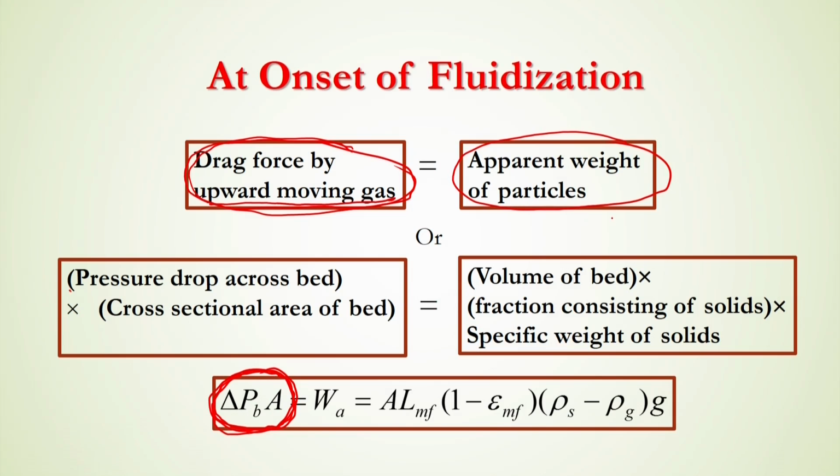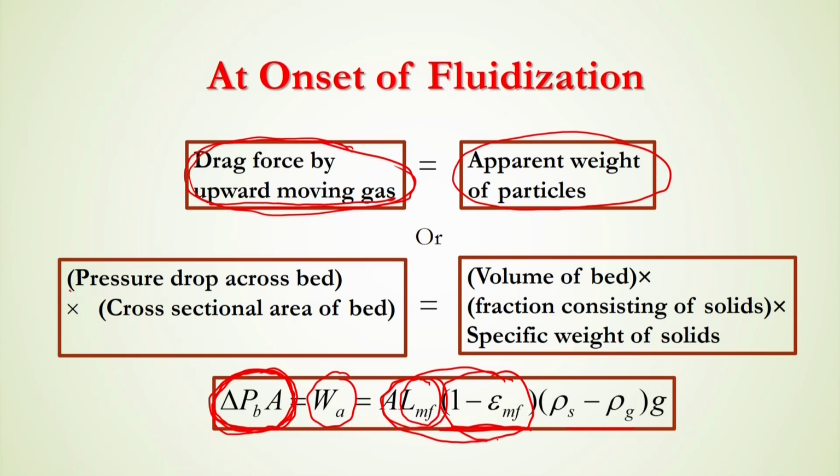And what will be the apparent weight W? That will be equal to A times L_MF, where L_MF is the length of the bed at the minimum fluidization condition, times (1 minus epsilon_mf) times (rho s minus rho g) times g. This gives you the volume of the bed at its minimum fluidized height, times the fraction of solid, 1 minus epsilon_mf, at this minimum fluidization condition.